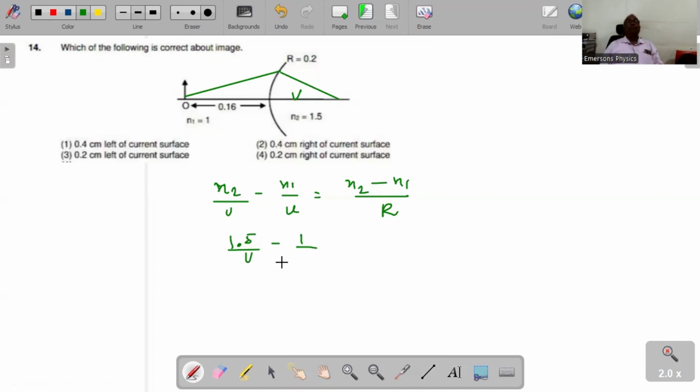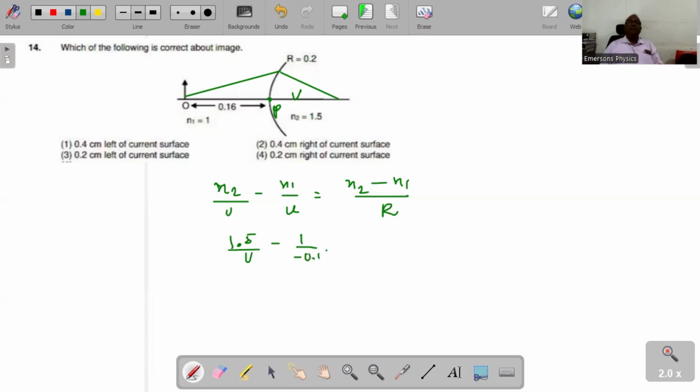Here we should apply the sign convention. We know the object is kept in front of the surface. The distance is measured from the pole to the object, opposite to the incident ray, so it will become minus 1.6.